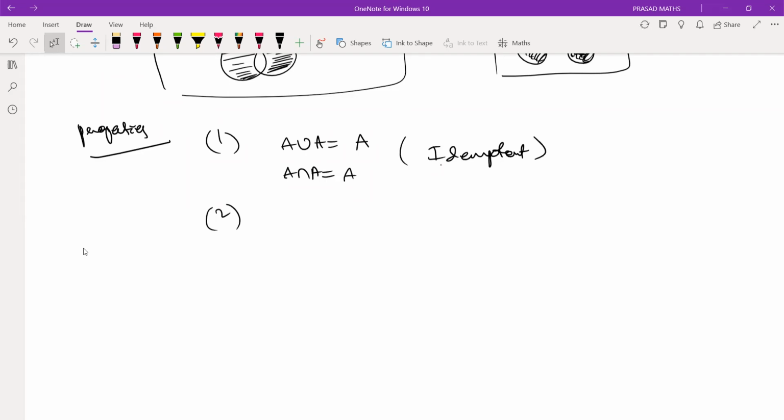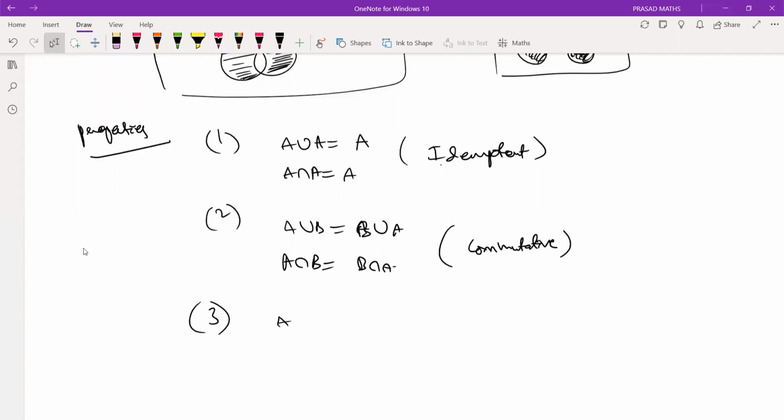Next, union is commutative: A union B is equal to B union A, and intersection is also commutative: A intersection B is equal to B intersection A. Third, union is associative. Intersection is also associative.